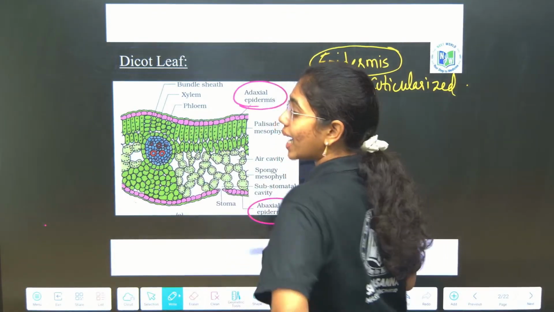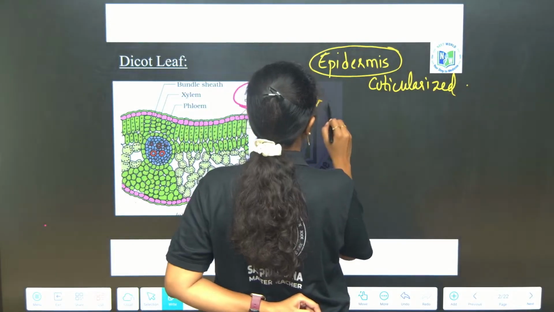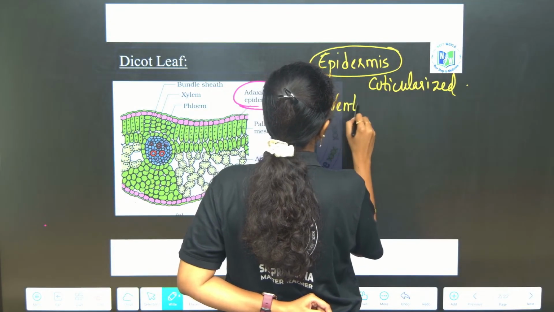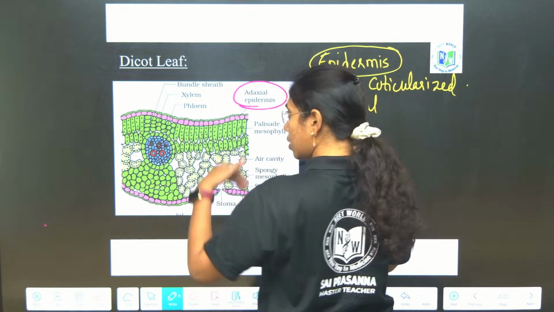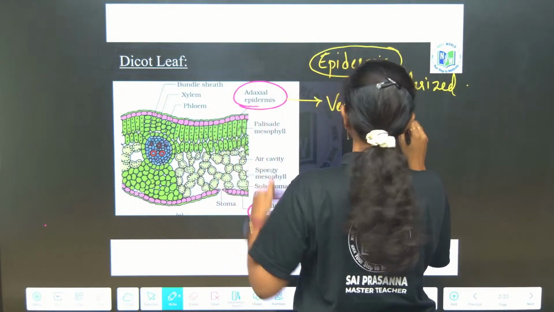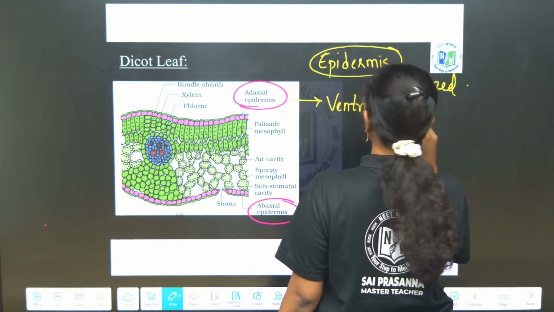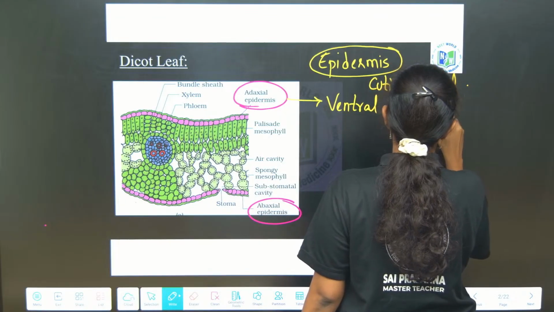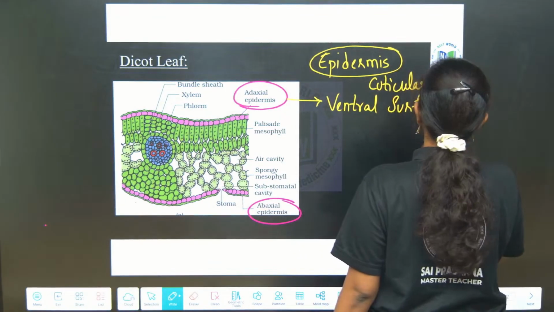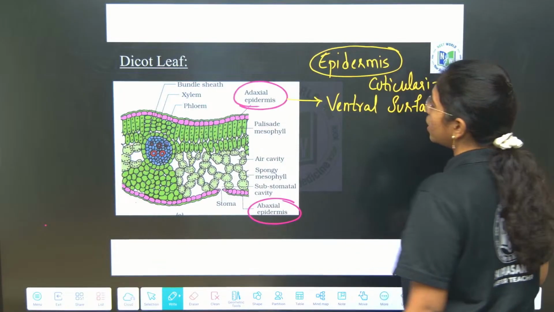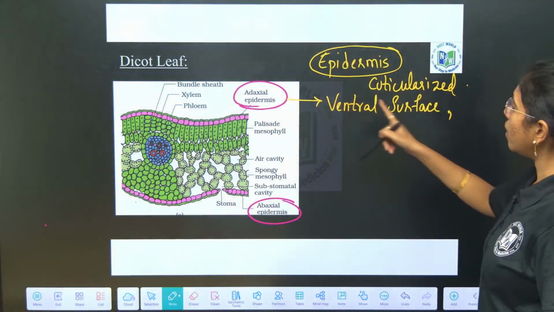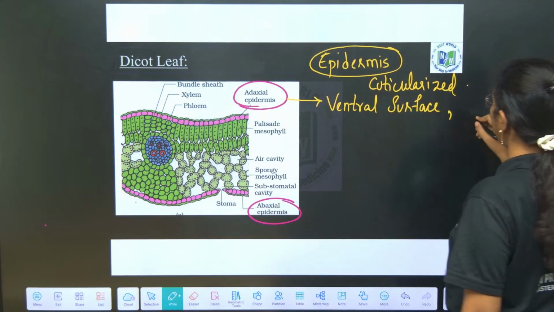Adaxial epidermis is also called ventral epidermis. It is on the ventral surface.